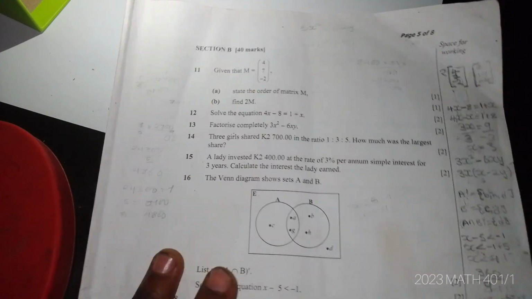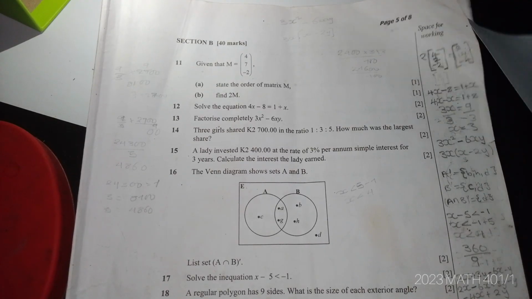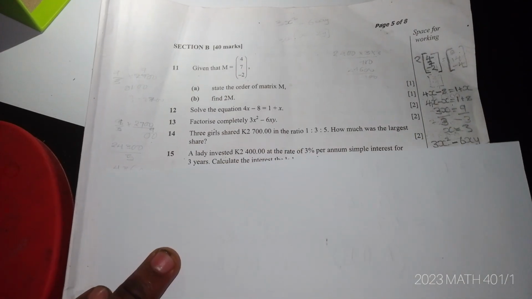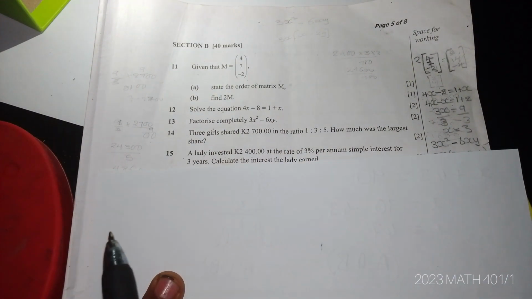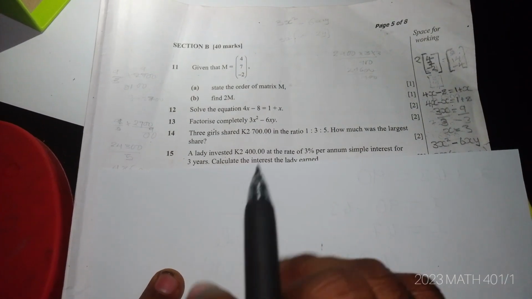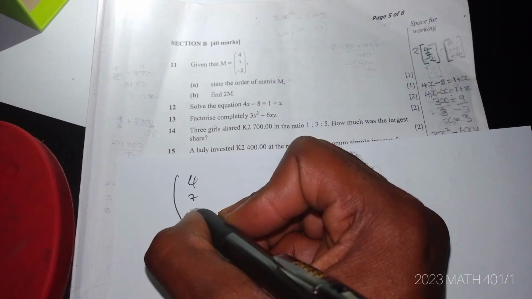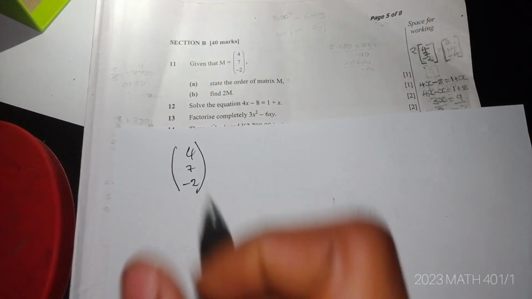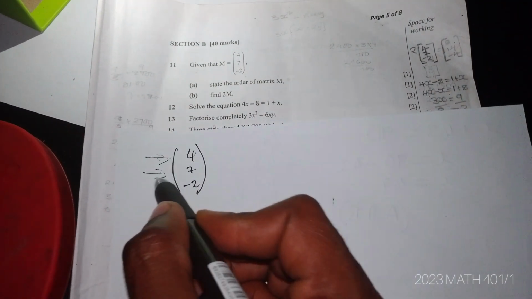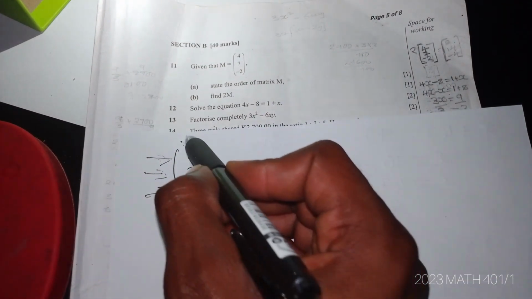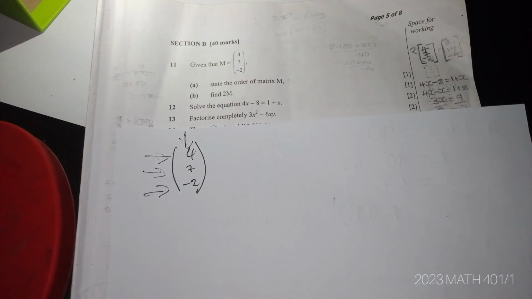Then we move on to section B. Given that M is this matrix, state the order of matrix M. The order of the matrix is defined as the number of rows, these are rows, by the number of columns, without even multiplying the numbers.